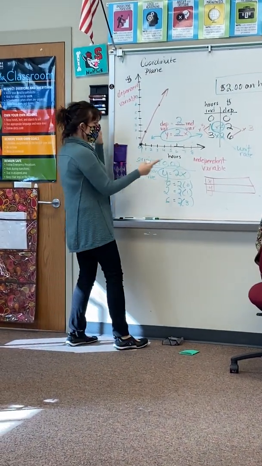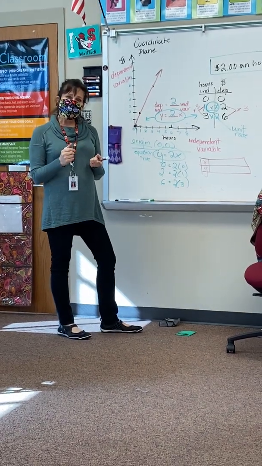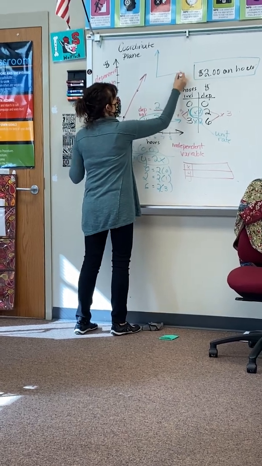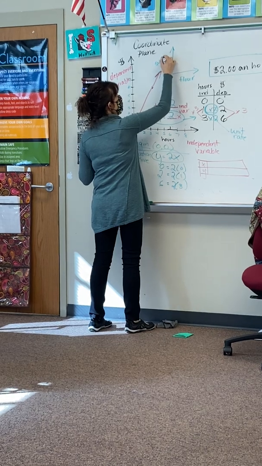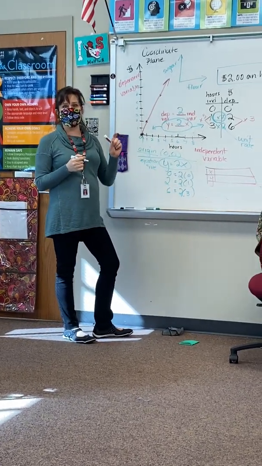They also like to switch your independent and dependent variable. In a situation like cups of flour to sugar in a recipe, I don't think it really matters much. I think you can switch that around.